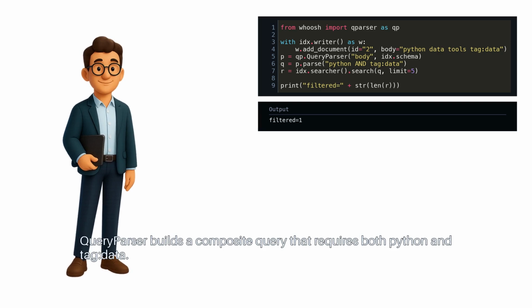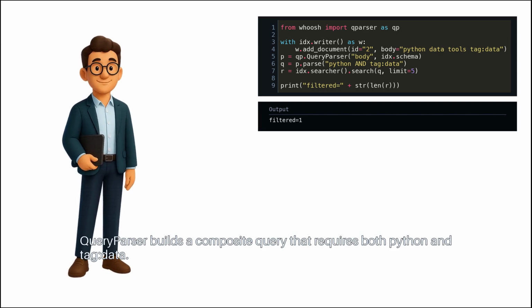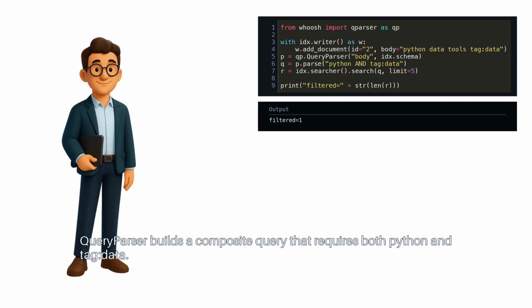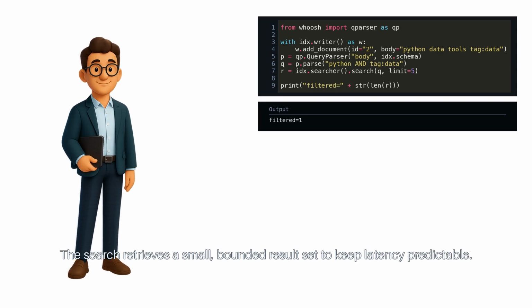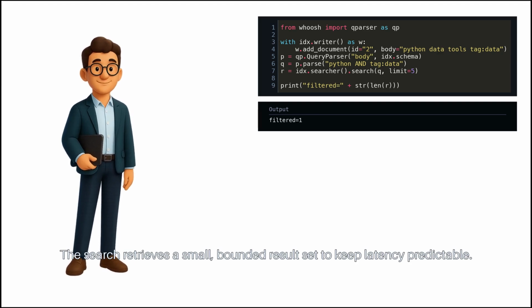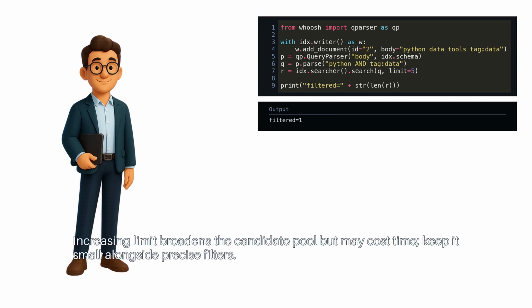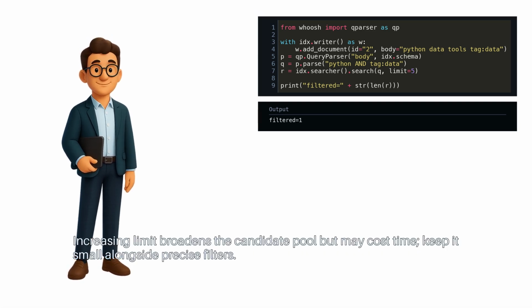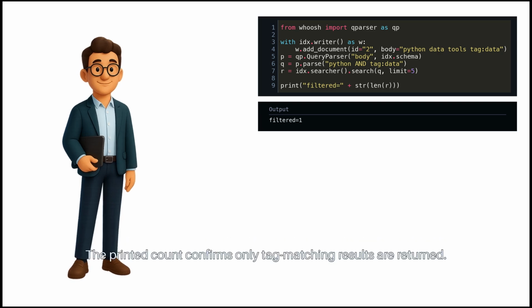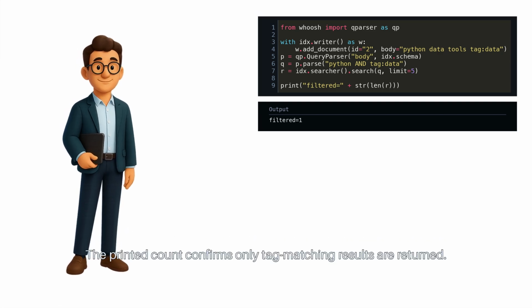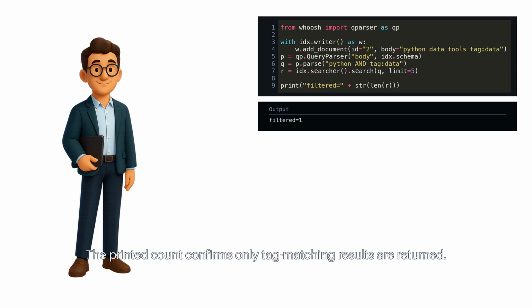The query parser builds a composite query that requires both Python and tag data. The search retrieves a small, bounded result set to keep latency predictable. Increasing the limit broadens the candidate pool, but may cost time. Keep it small alongside precise filters. The printed count confirms only tag-matching results are returned.